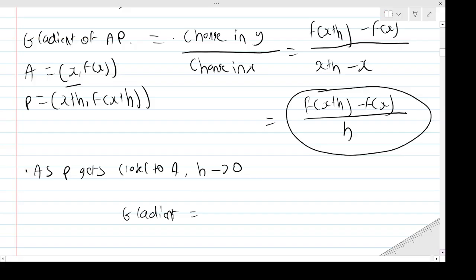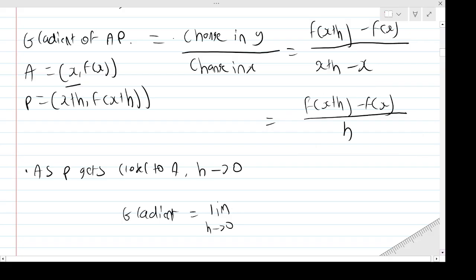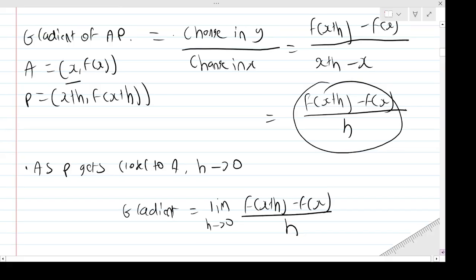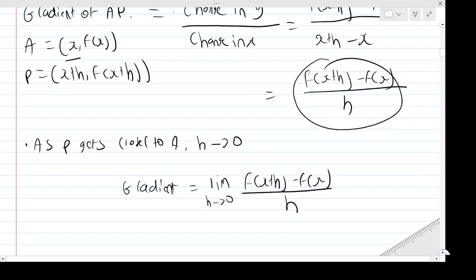We notate that then by saying something called a limit as h tends to 0. This lim stands for limit, okay? And we use the h tends to 0 underneath it, okay? So that means the limit, or lim, as h tends to 0 of my gradient expression here, okay? And that's it.